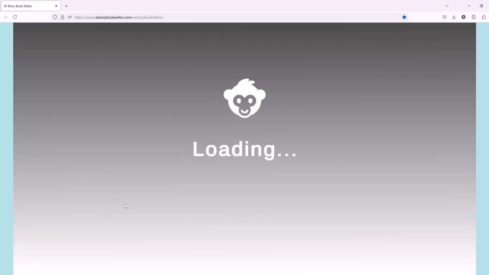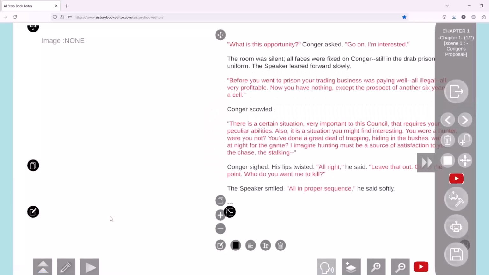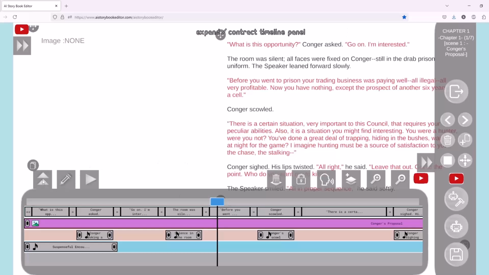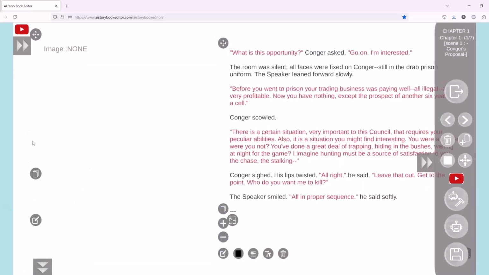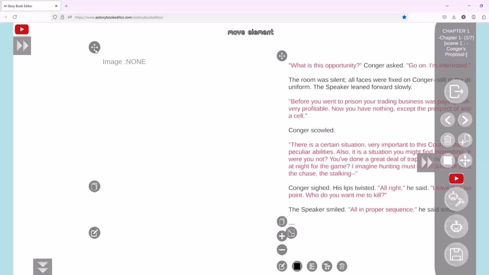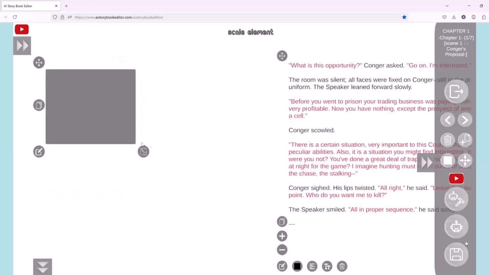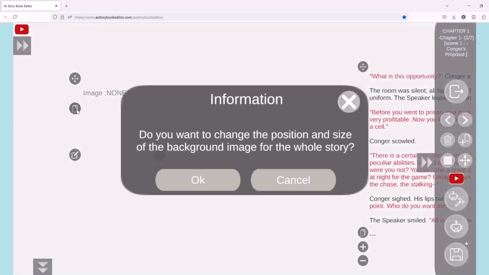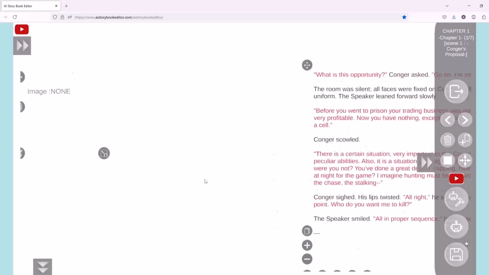So in the timeline we are going to have new layers. The second one belongs to the image, but we are not going to use this image, so we are going to move it out of the way and apply the changes to the rest of the pages.